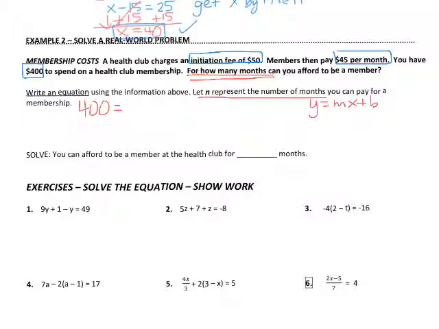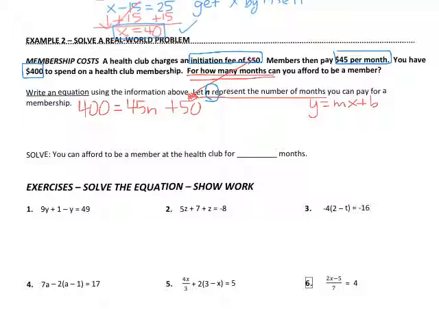So 400 equals some number of months times 45, and the $50 that we must pay to begin our membership. Everybody who joins has to pay $50 just to get started. And then we have the $45 that we have to pay per month. It tells us here to use n as the representation of the number of months. So that's what I have here.